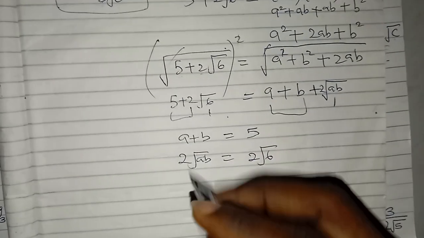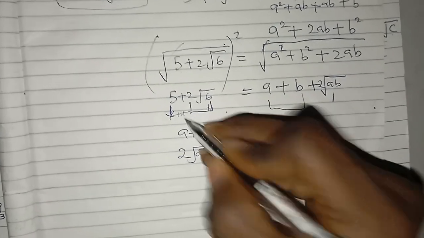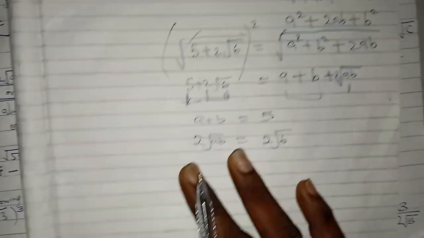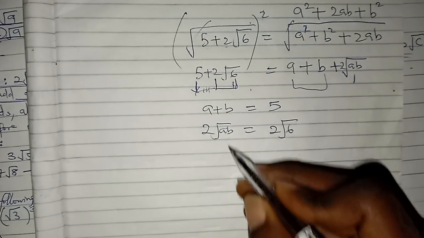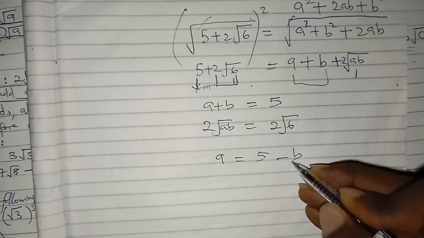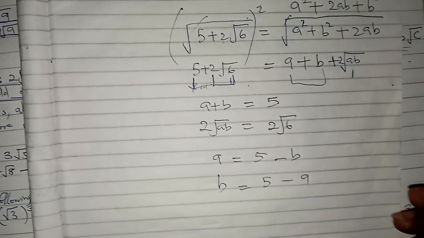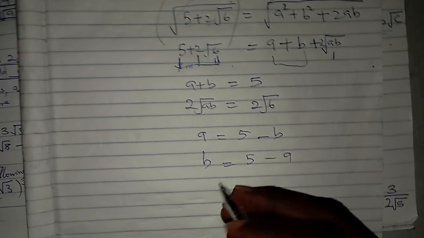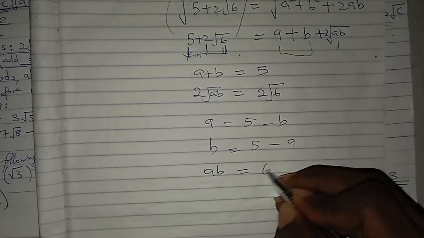I think it's better this way. So you can now see that if I want to make any of these the subject, this is the same thing as saying a is equal to 5 minus b, or b is equal to 5 minus a, depending on whichever one I choose. And I can say that ab is equal to 6.